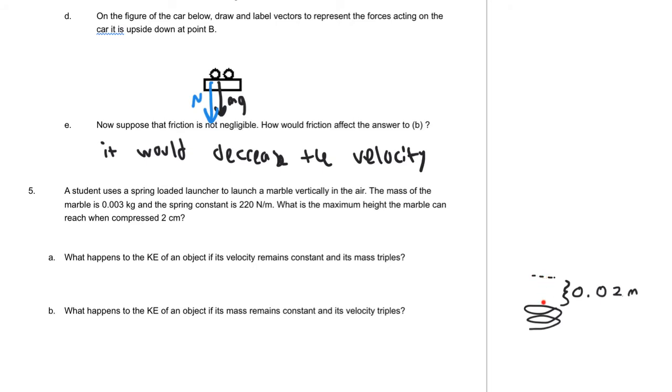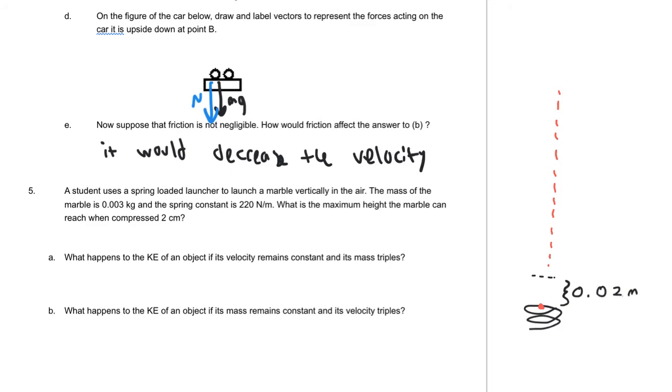And that's how much the spring was compressed. So it was here, but then it went down. And there's a marble that's going to be launched eventually up. So we're going to put the marble here, but we could also imagine once it launched up, it reaches a certain height, right?